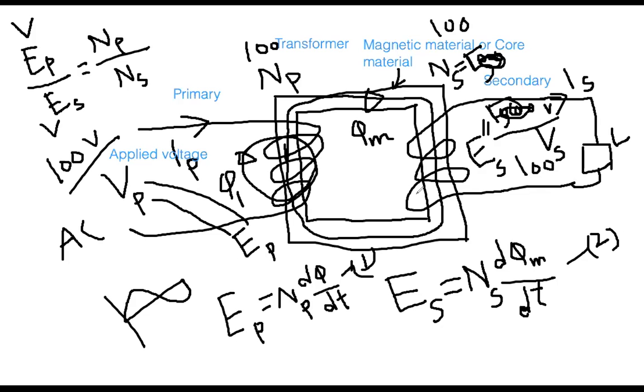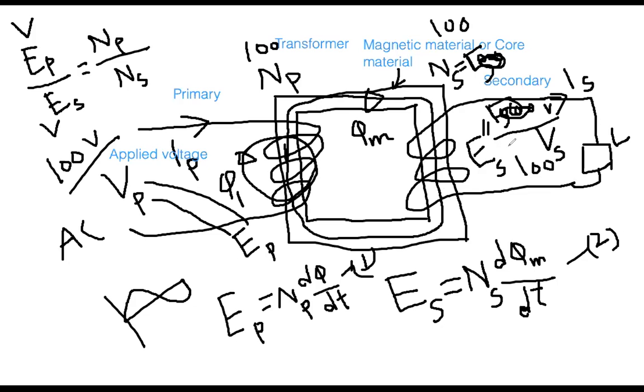So this means your transformer can either increase voltage, decrease voltage, or maintain the same voltage depending on the number of turns. That's why the voltage on both sides is related to the number of turns, how many turns you put there. Accordingly, current will be controlled.